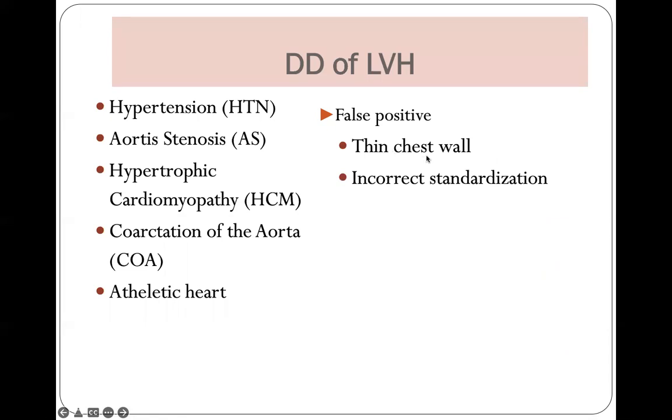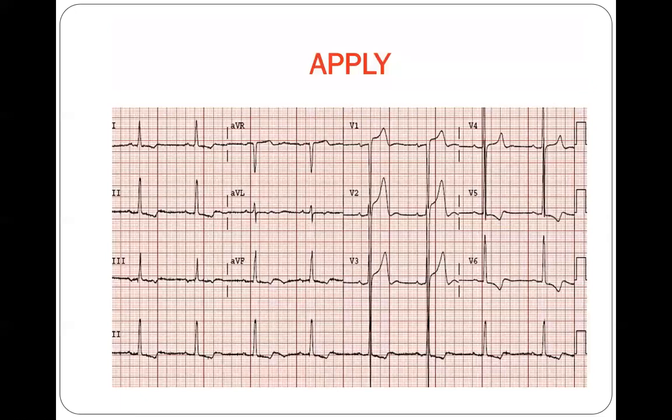This is found in thin chest wall, in thin people, due to the nearer heart towards the chest wall, causing the electrical voltage to be higher, or maybe due to incorrect standardization and taking the ECG at a double calibration, as we have mentioned before, producing these criteria. This is the differential diagnosis.